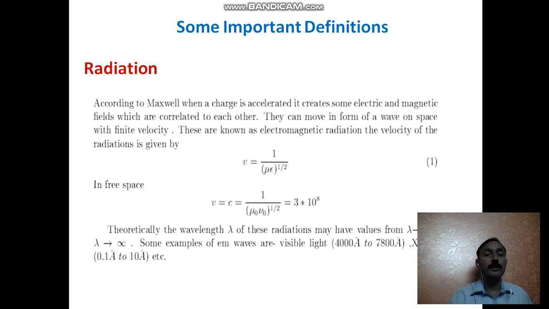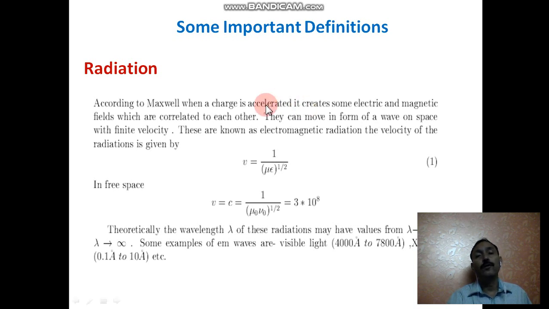Some important definitions. First, radiation. According to Maxwell, when a charge is accelerated, it creates electric and magnetic fields which are correlated to each other.